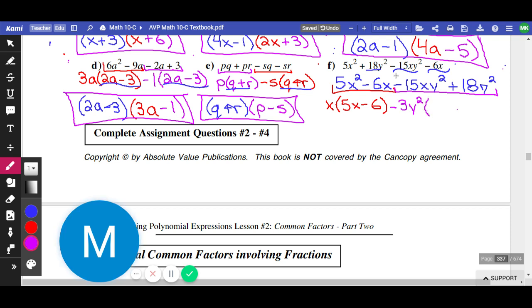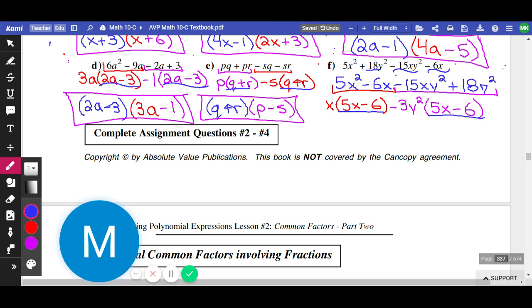When I take out a negative 3y squared, it'll leave me with positive 5x and then negative 6. Now, when you've done your grouping method, you've split it in half, and you've taken the GCF, you get two things which are the exact same: 5x minus 6.